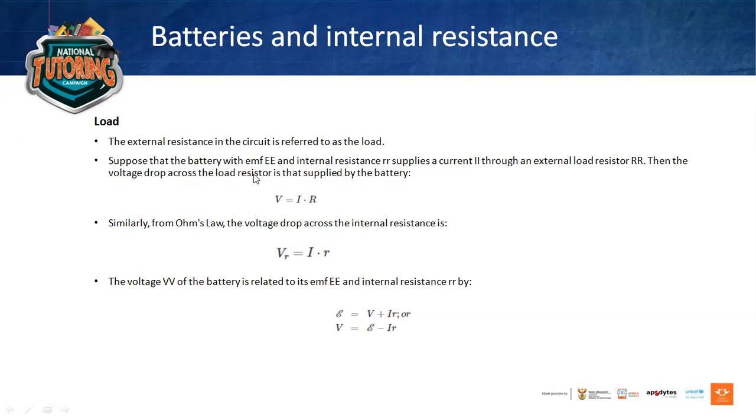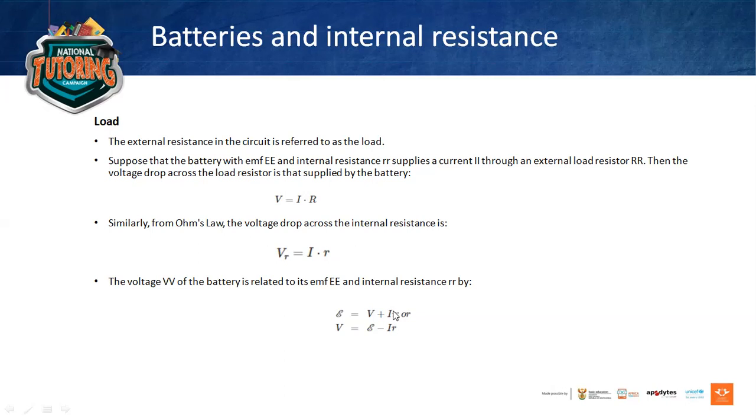Then the voltage drop across the load resistance is that supplied by the battery, so V is equal to I times R. Similarly, from Ohm's law, the voltage drop across the internal resistance is I times the internal resistance. The voltage V of the battery is related to the EMF and internal resistance by EMF equals the voltage plus I times r, which is the internal voltage.